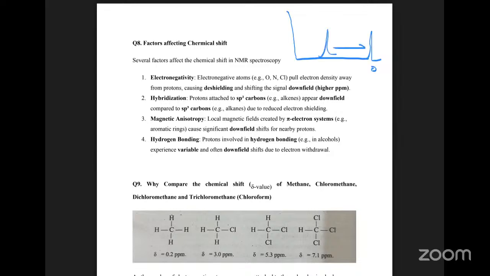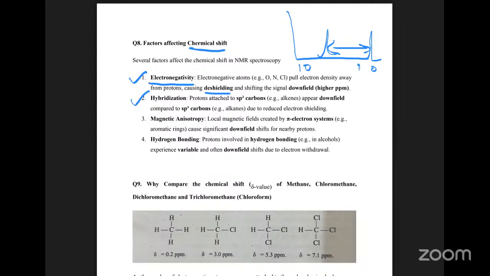Now whether this value is towards 0, that is 1, or maybe 10, depends on the shielding and deshielding phenomena I just talked about, which are caused by electronegative atoms. So chemical shift is affected by electronegativity. The more the electronegativity, the more the deshielding, and the peak will go towards a higher del value. So this is the first phenomenon.